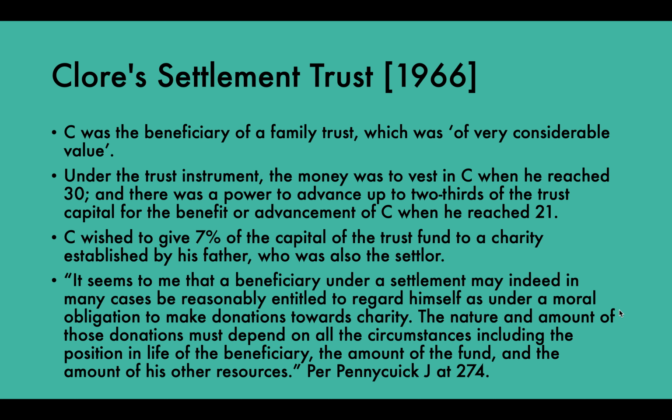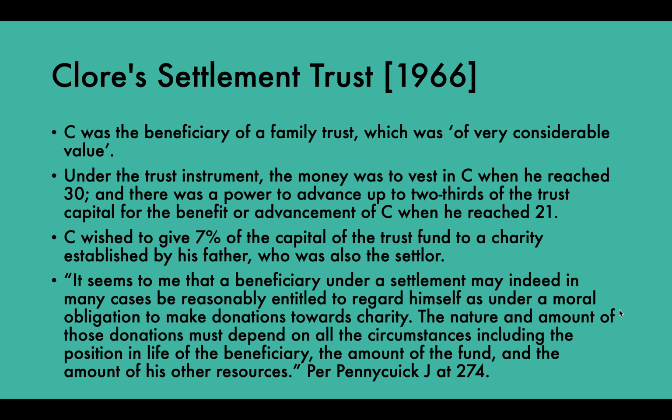Now, Clore wished to give 7% of the capital of the trust fund to a charity established by his father, who was also the settlor. So Clore wanted an advancement of the trust capital to donate to charity. And in general, you should be thinking that courts love charities, but in this case, they didn't go with that decision, okay? So they said that he couldn't do this.